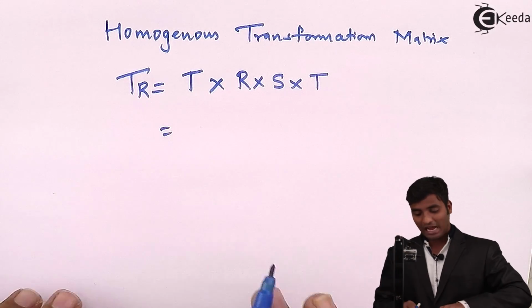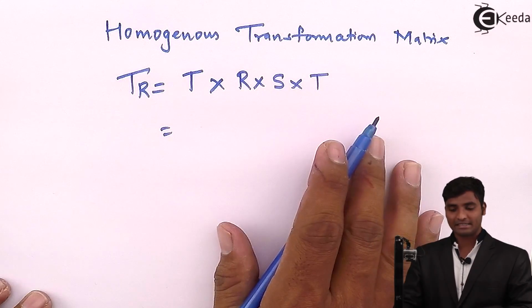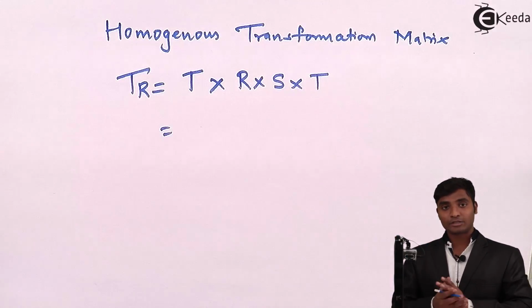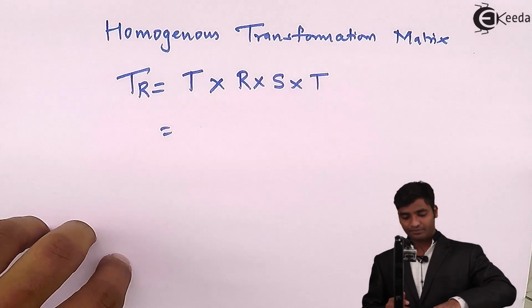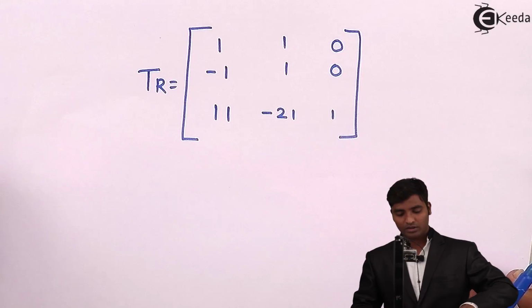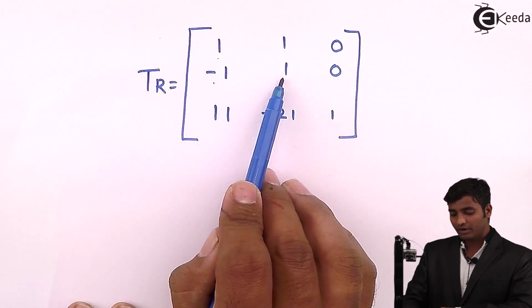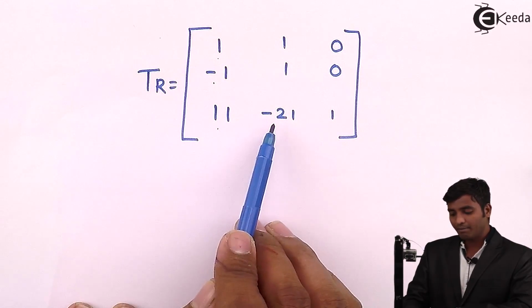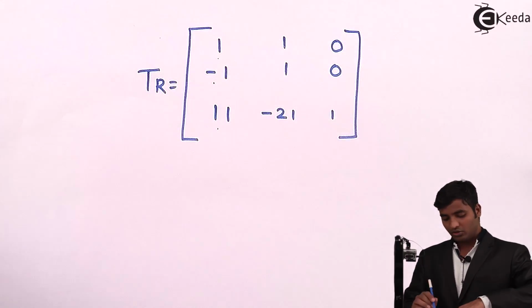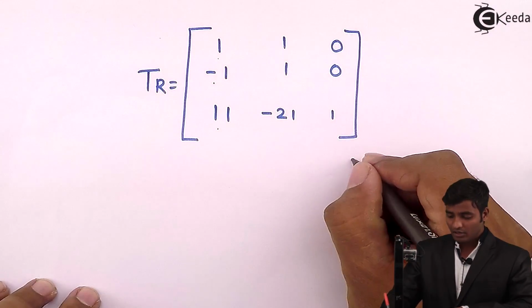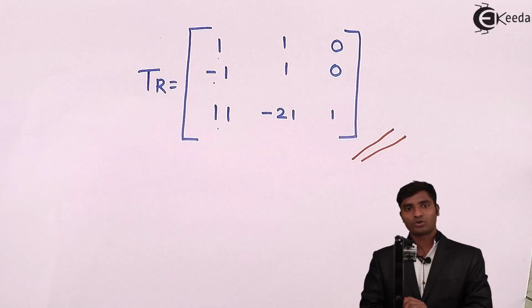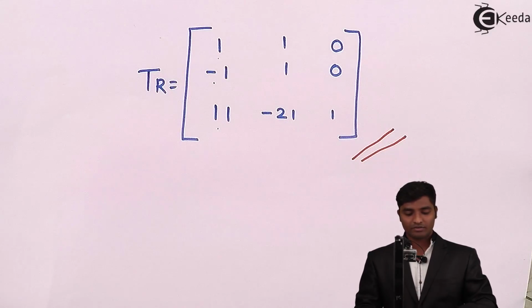So I will multiply all the matrices, and then the corresponding TR comes out to be 1 1 0, minus 1 1 0, 11 minus 21 1. So this is the total transformation, which is also known as the homogeneous transformation, which we had to calculate. Thank you.